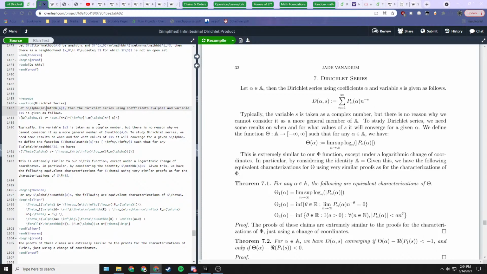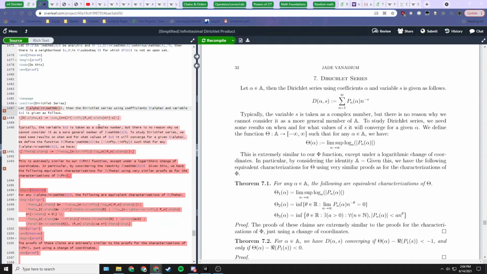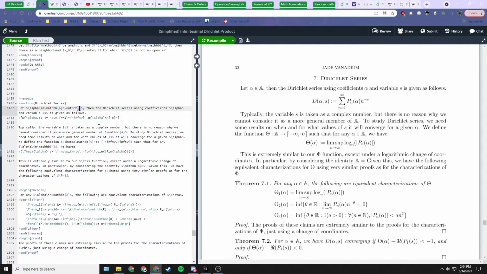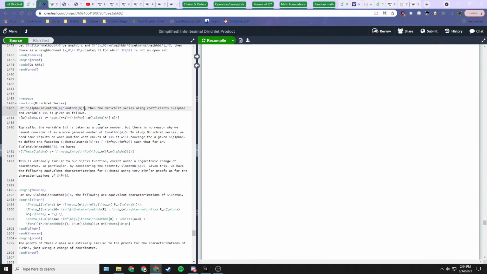Let's have alpha be, instead of being in C^n, in A^n. I'm not sure if this is really what we want to do, but it's what's happening.